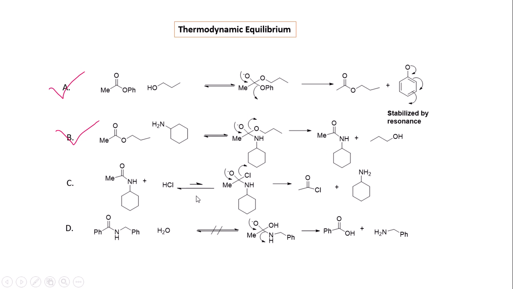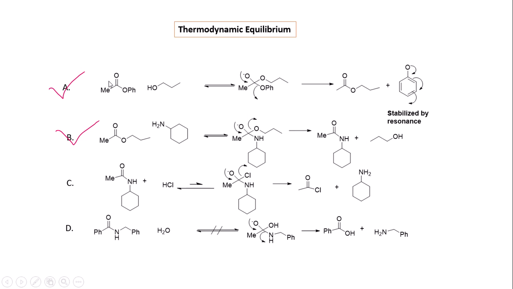But in the third case, the acid chloride is very reactive. In the reaction of the acid chloride with amines, the reaction always goes in the backward direction and the amide is formed; the equilibration to the other side does not occur. In the last case, the water molecule cannot cleave the amide bond, as the amide bond is very strong, so water cannot cleave it to give the carboxylic acid and the amine.